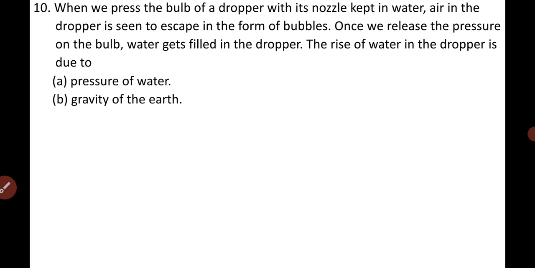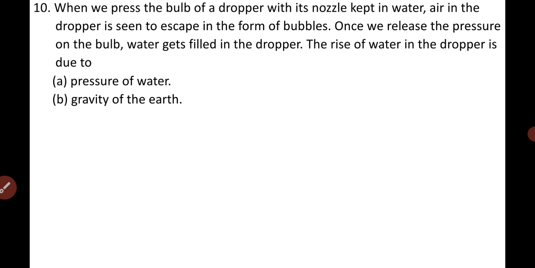The mouth of the dropper is kept in water. Then what will happen? Air in the dropper is seen to escape in the form of bubbles. Once we release the pressure on the bulb, water gets filled in the dropper. You have tried this, right? If you have a dropper with you, you can try it.